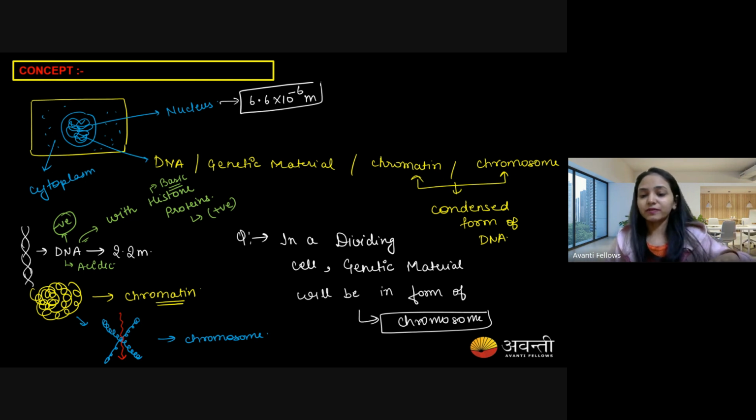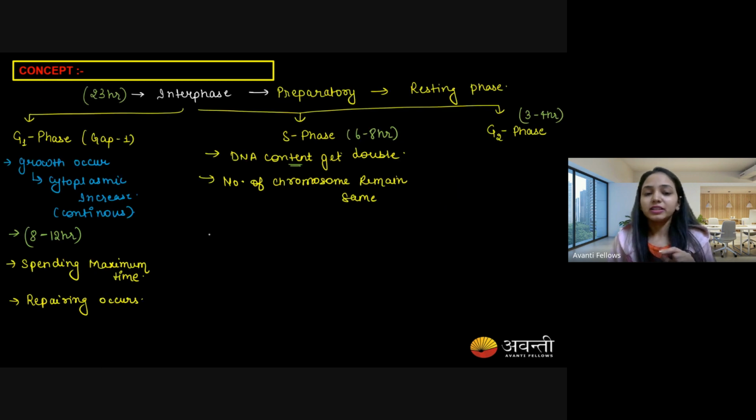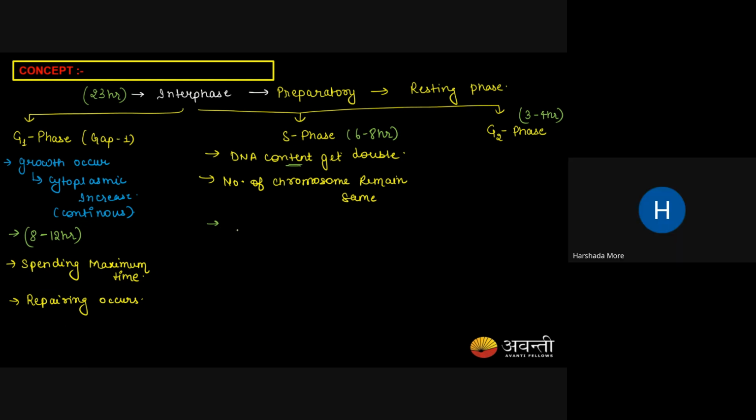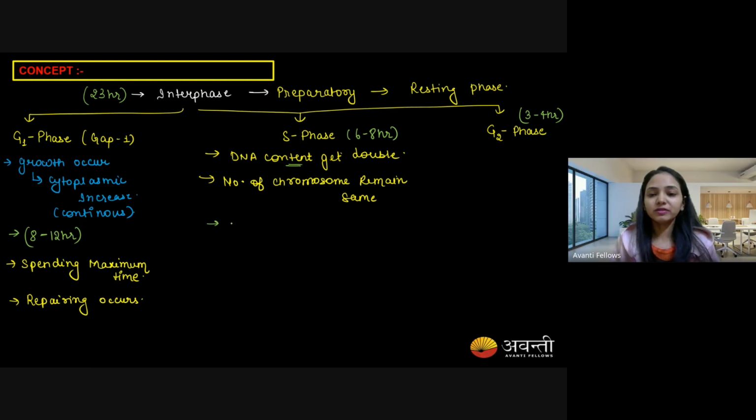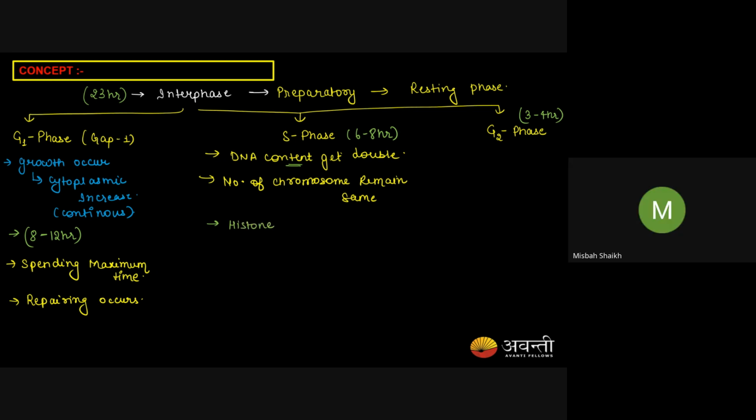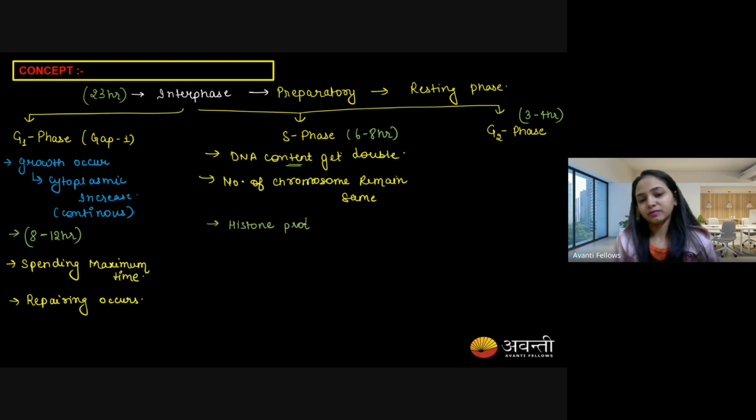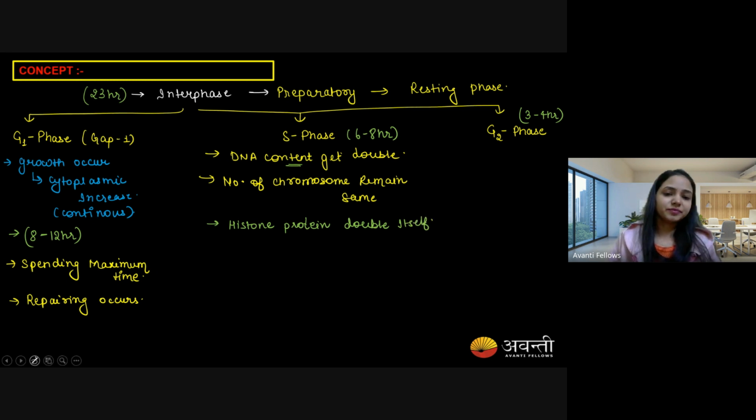So in the S phase, if we are getting double DNA content, then we will need more histone proteins. So it means histone proteins will also double itself. All 3 points are clear?